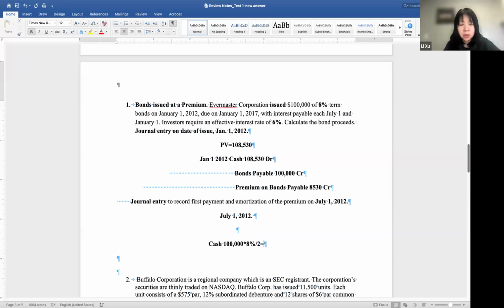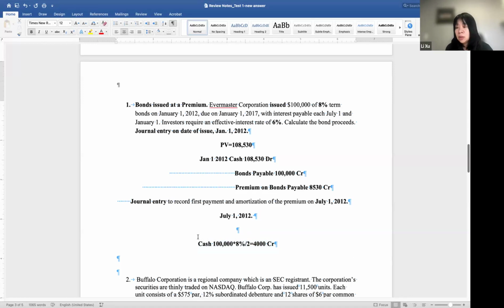You can do a quick calculation and you know your cash interest is 4,000. These are very important, because in the notes sometimes they are given to you, but if I don't give them in the test, you should be able to calculate them by yourself. So that's your cash interest and cash payment.